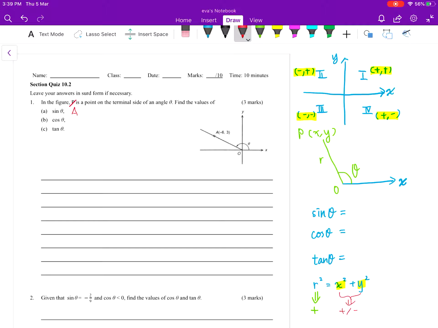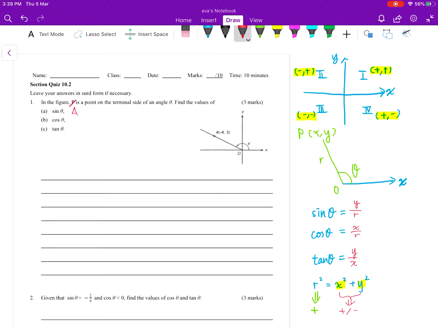We also have to remember what sine theta, cosine theta, and tangent theta are. Sine theta equals y over r, cosine theta equals x over r, and tangent theta equals y over x. That's why you will have different signs of sine, cosine, and tangent.